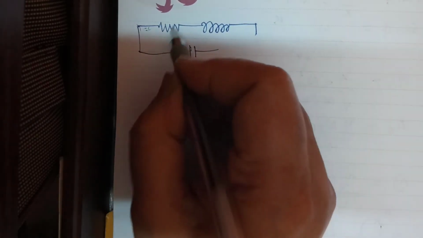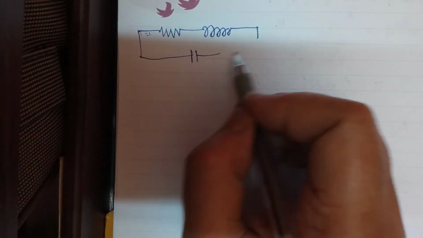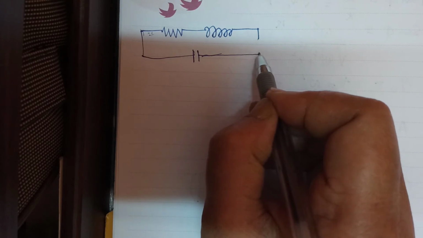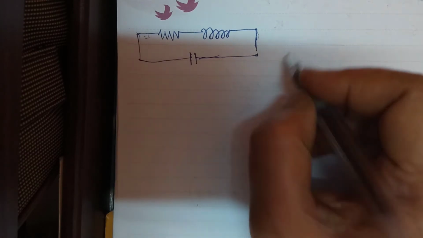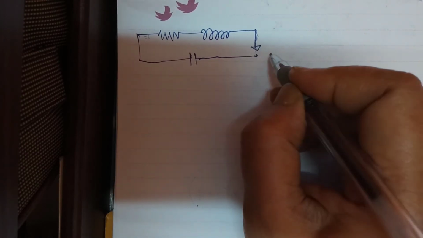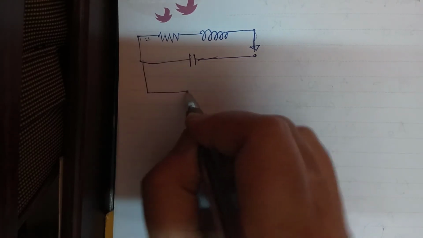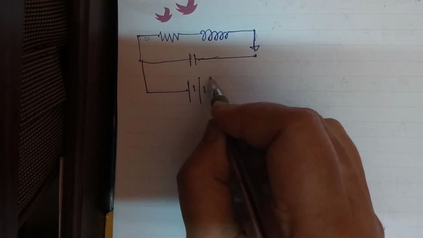Why a resistance? Because the damping will be provided by the resistance. I'm just considering the electrical analogy. Here you have your switch K, and here is your battery.